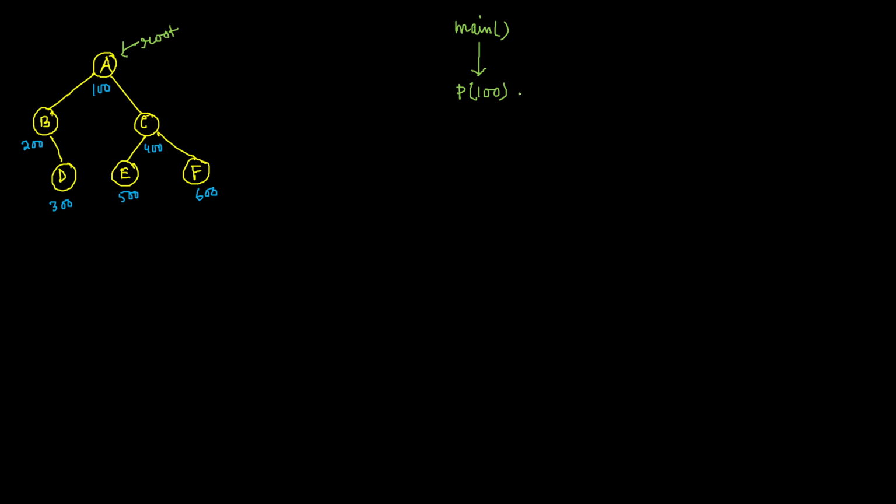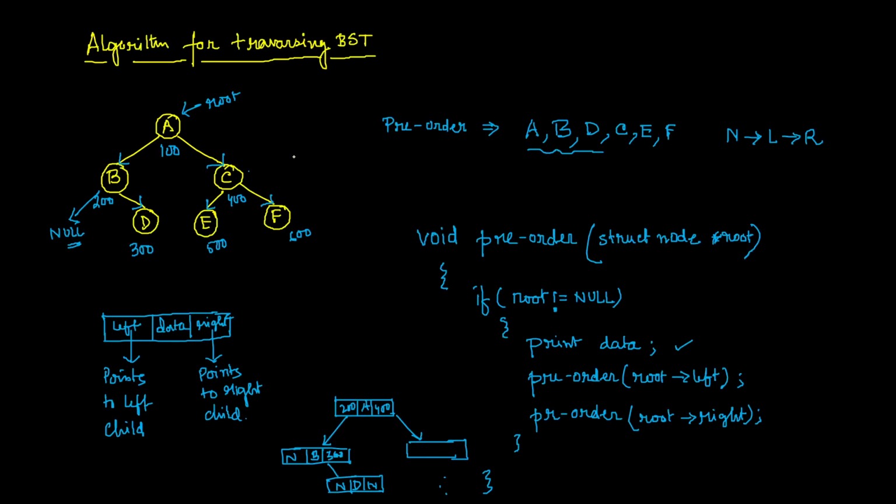But if it is not null, and since I asked you to do a preorder traversal, you will print the data where you are standing right now. So you will print A. Let's write this A here. And then you will call preorder root left.